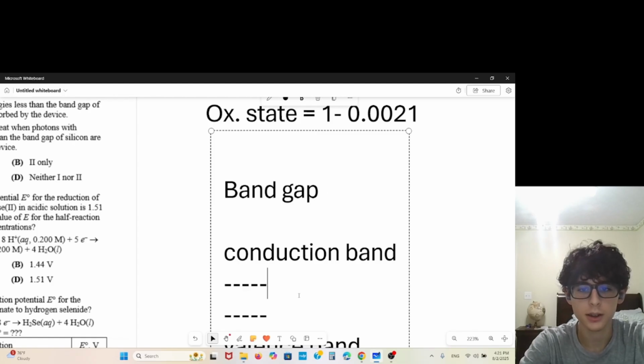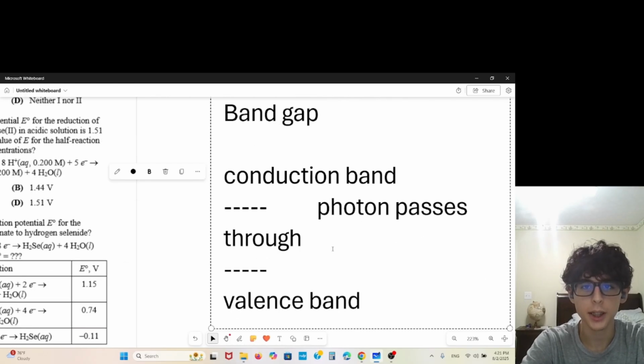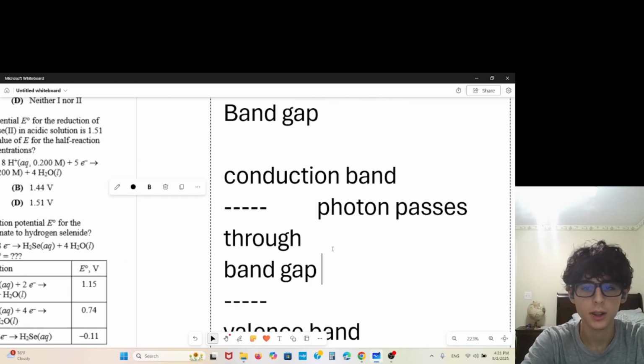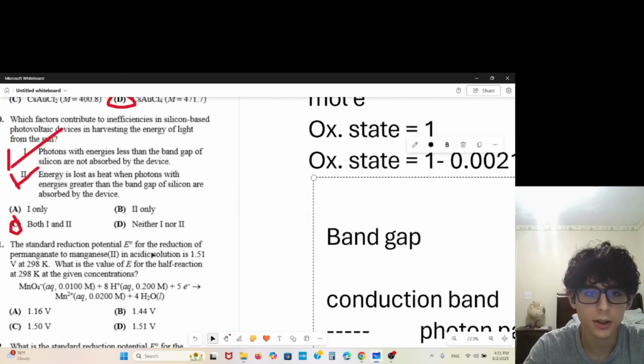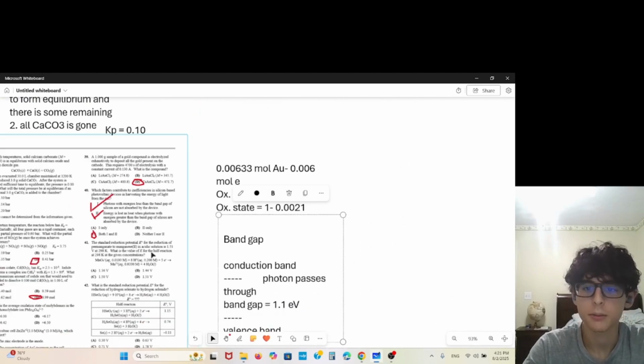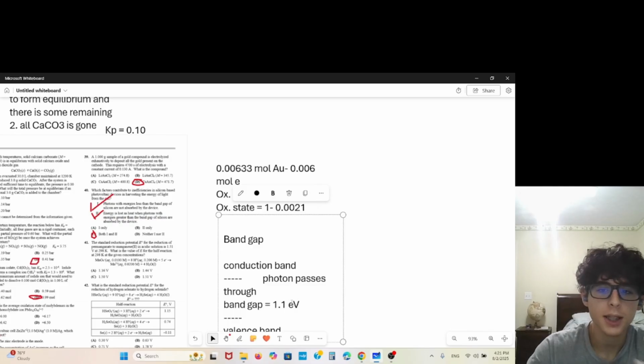This is where the photon passes through, and this band gap is, let's say, 1.1 electron volts. If the photon energy is lower than this, it's going to pass through, but it won't have enough energy to excite the electrons of silicon. And, well, what's the point in using it? It's not going to get absorbed. But if it's higher, it will get absorbed.